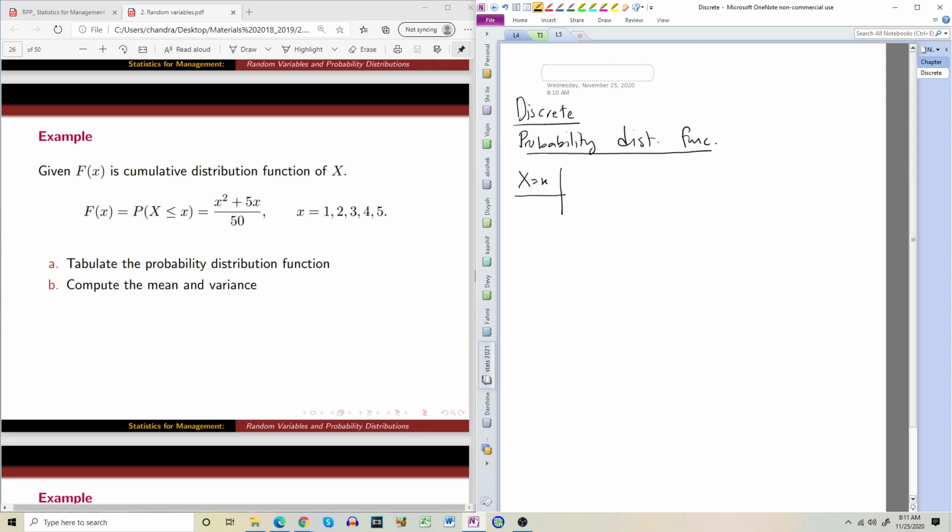So we will draw a table. Right now you should know that the question will give you a probability distribution function. Out of that we need to draw a table so that we can see clearly what is the variable and what is the probability.